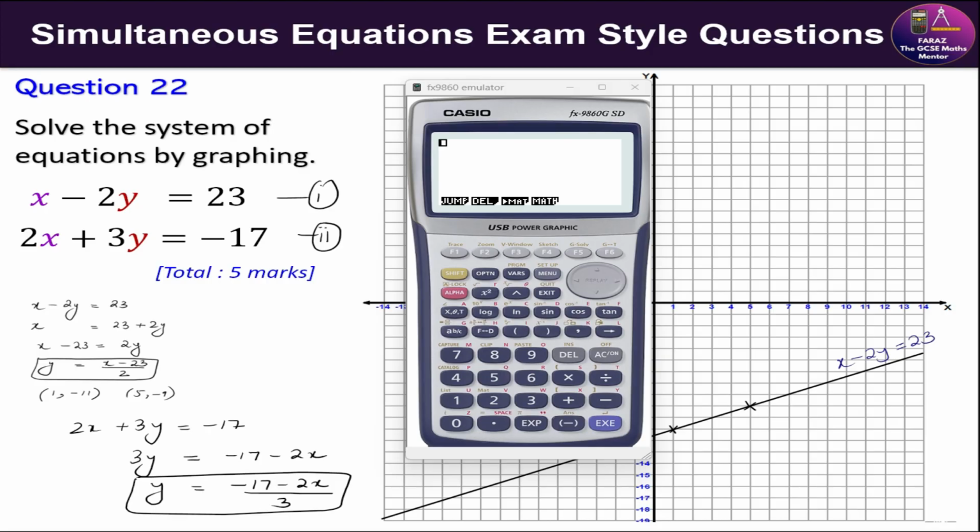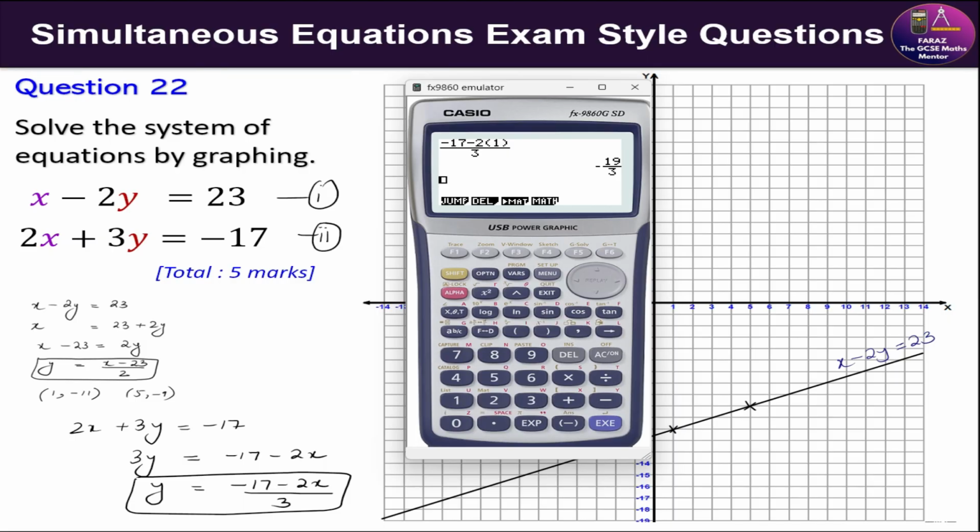Alright, let's find two coordinates for this one as well. Here we have to do negative 17 minus 2 times x, and for the x value you can take any value from negative 14 to positive 14, but let's start with a small value. Let's take 1, over 3, but it is giving us an answer in fractions.